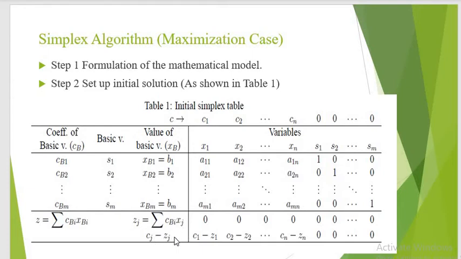Each of the values in the Cj minus Zj row signifies the net amount of increase or decrease in the objective function that would occur when one unit of the variable represented by the column head is introduced into the solution. That is, Cj minus Zj denotes the net effect.